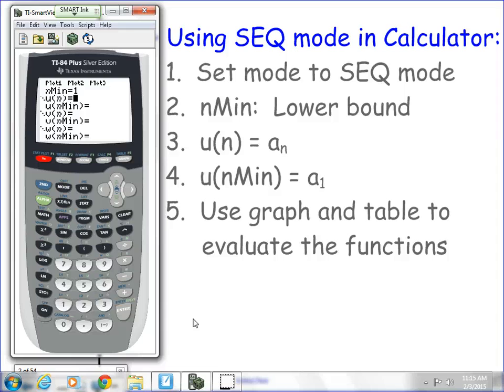Lower bound of what? What does n stand for? If a sub 1 is u of n min, and u of n is a sub n. Do you guys remember what n stands for in sequences? The number of the term you're looking for, the nth term. Does that make sense?